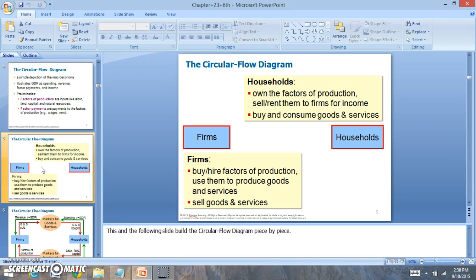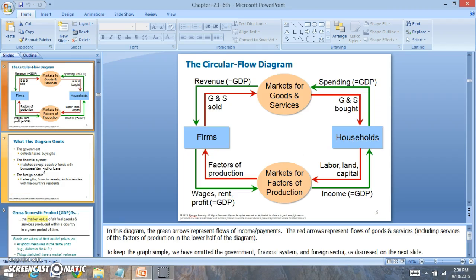And when we depict this, we want to look at the circular flow diagram. The circular flow diagram is a good diagram to connect firms and households. They are connected in two different markets: the market for goods and services and the market for factors of production. The market for goods and services is like the product market.